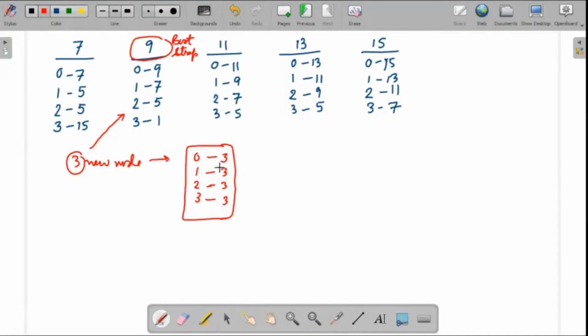So 9 should come between those two ranges, between 3 and whatever number you are getting. This number is 3 minus 1, which is 2. So 9 does not lie here. So 9 cannot be placed here.